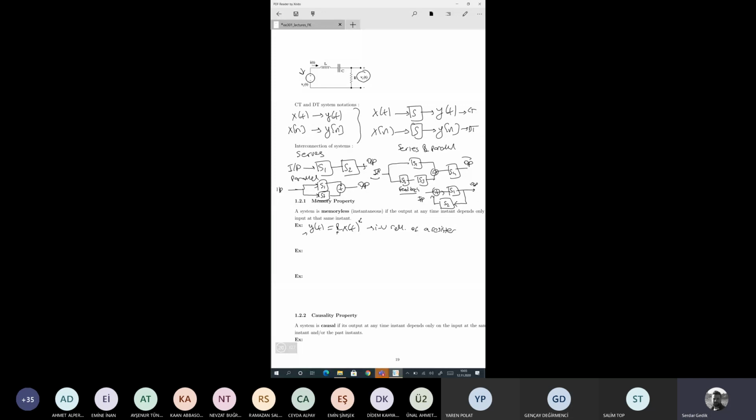So in order to find, let's say, y of 3, what do I need? It is r times x of 3, right? So in order to find the y value for a specific instant, I only need the input at that time instant. So it means that it is a memoryless system.